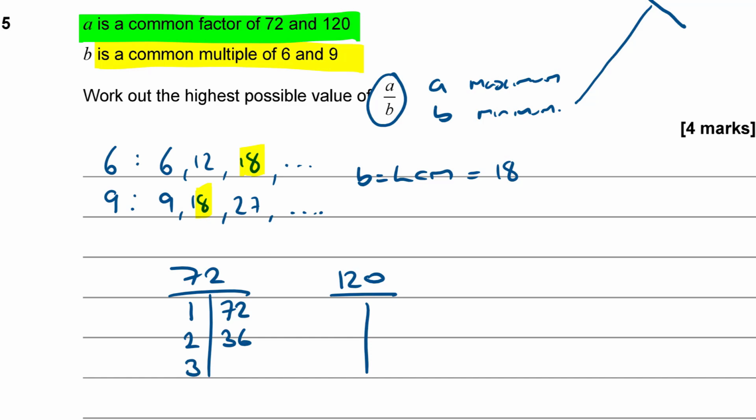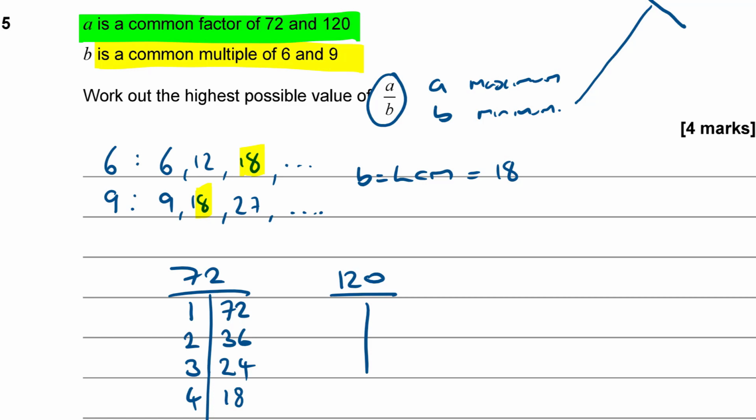So 3 and 24. 4 and that's got to be 18, isn't it? 5, no, 6. Yeah, 6 goes into it. 6 and 12. 7, no, 8, yes. 8 goes with 9. And look, I've met myself coming down the other way, so that's as far as I'm going to get. So quite a lot of factor pairs of 72.